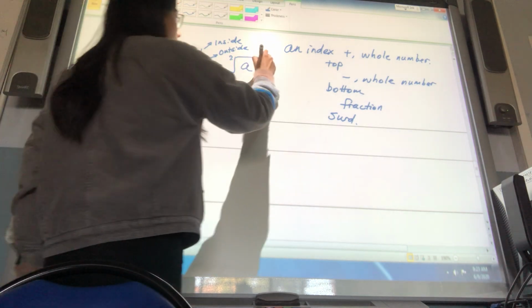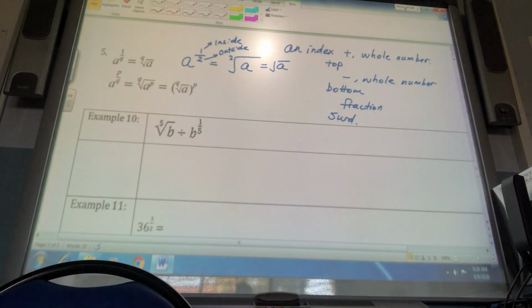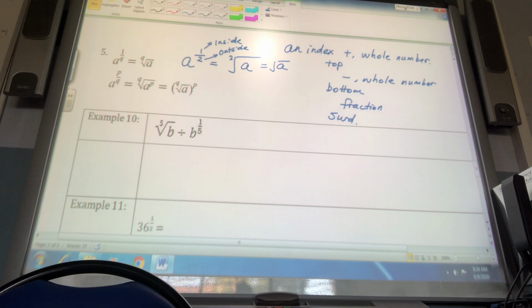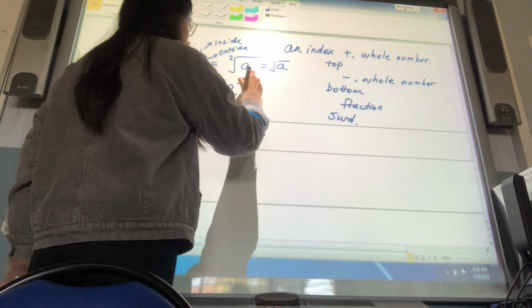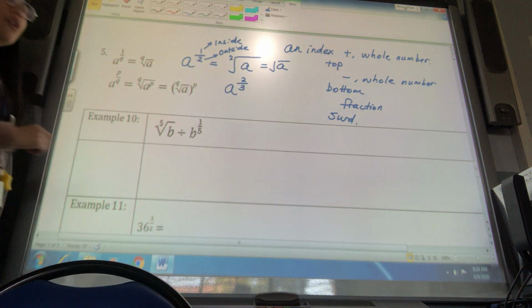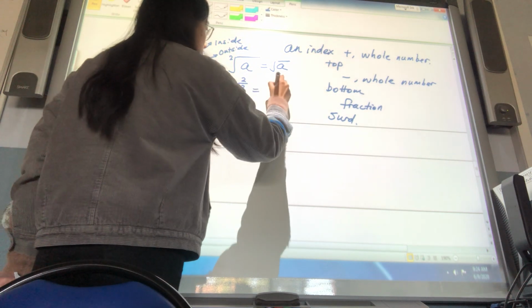And in this case, we usually don't write the number outside, because that's what we're normally used to. Say square root of 2, square root of 3, we don't have 2 outside, right? But if it's a to the power of, say, 2 over 3, first of all, it's a fraction, so you'll have to write it as a surd.